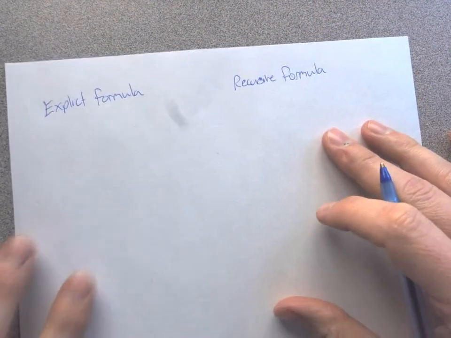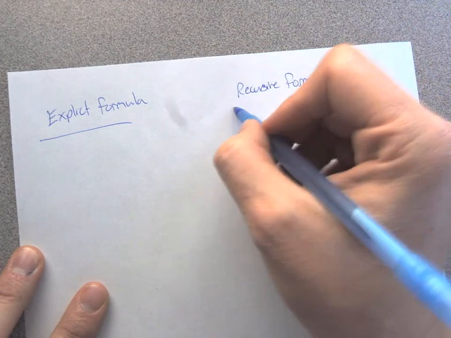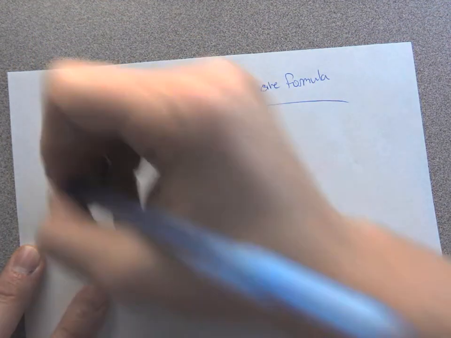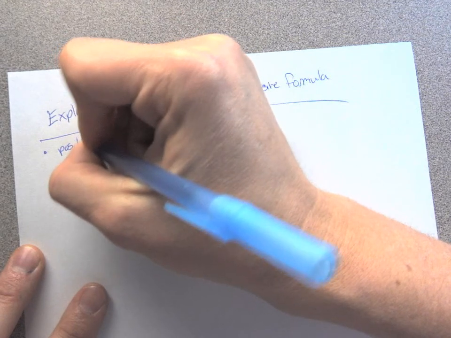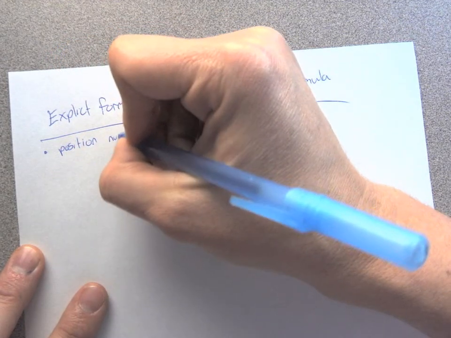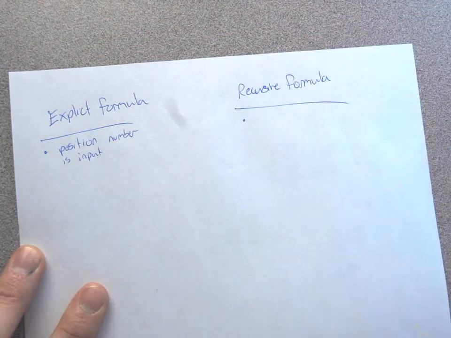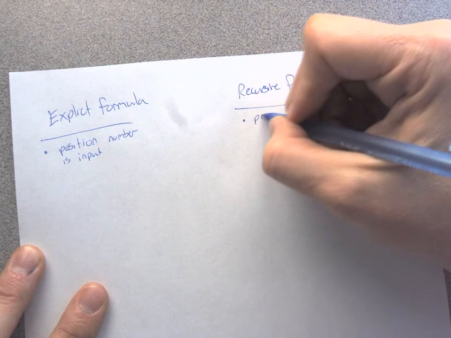Explicit formula, the input is the position number. We'll talk about that in a minute. For a recursive formula, a previous term is the input.